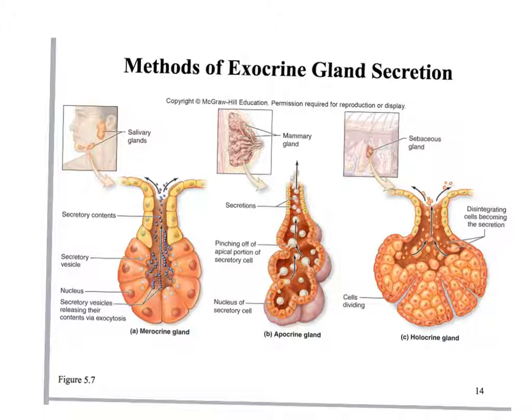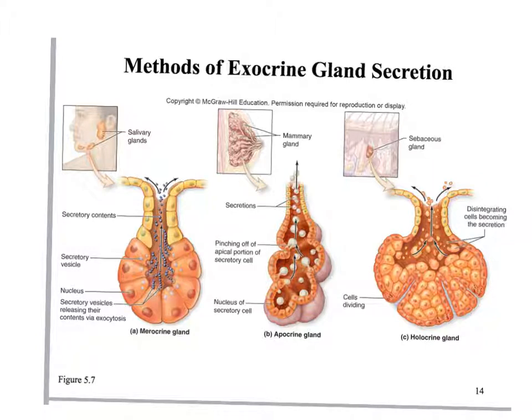And then finally, the holocrine gland: the cells actually are filled with the secretion and then they die off and break up, and that's how the secretion is released. It's a little different. In the holocrine gland, the cells actually die and then they're replaced. That's the sebaceous gland.